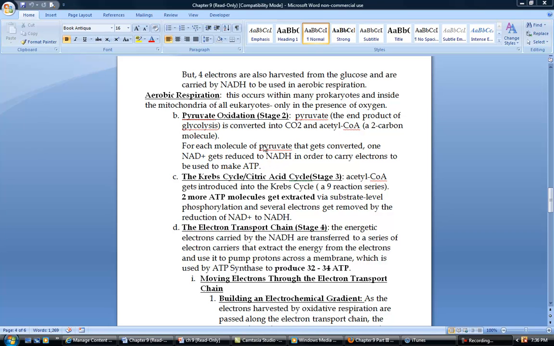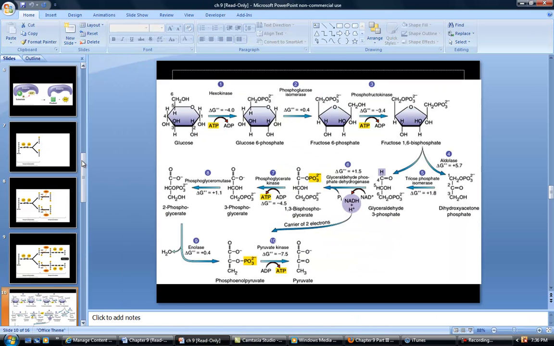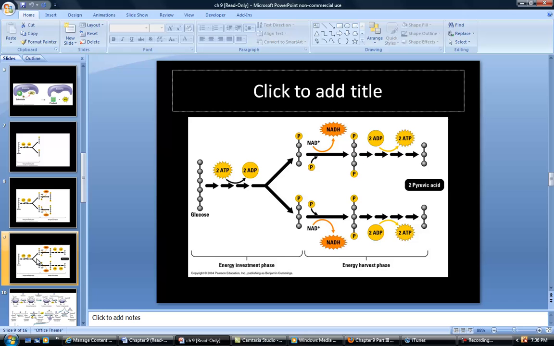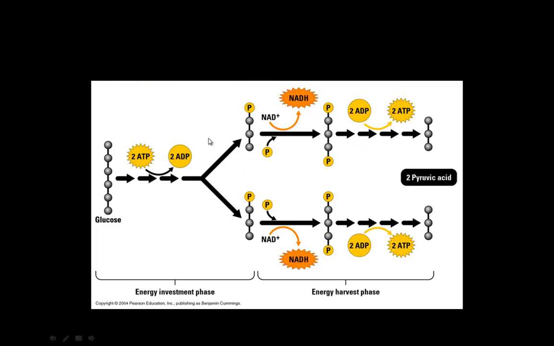Now, if we remember what happened in glycolysis, if we go back to here, when we look at this, you can see that we started out with glucose and we ended up with two pyruvates, one up here and one down here. Pyruvic acid, same thing. So if we're talking about the next stage, which is pyruvate oxidation, that means two NAD+ are getting reduced to NADH because it's happening for this and then it's happening for this.